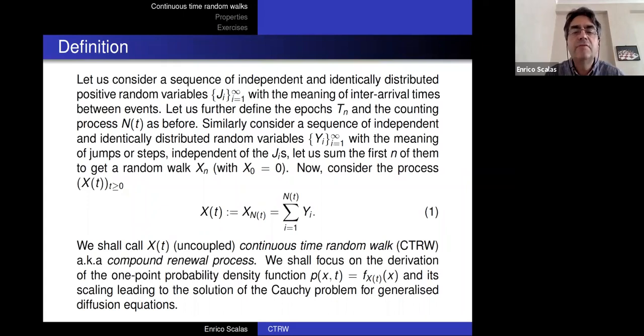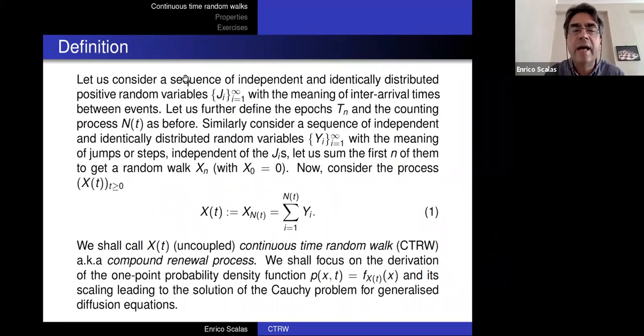We start from summing them, but this time, instead of summing them for a known number of elements of the sequence, we are summing them using a random number of elements. And what random number? A random number given by the counting process coming from the renewal process that is underlying the definition.